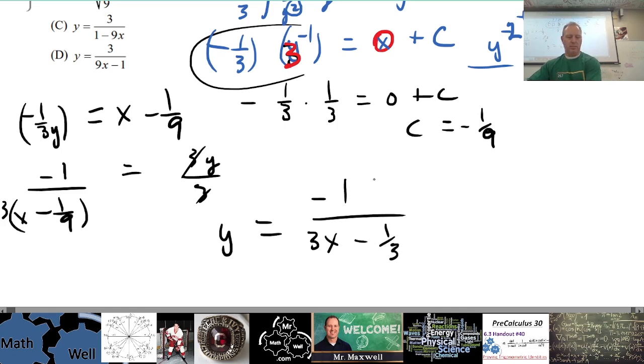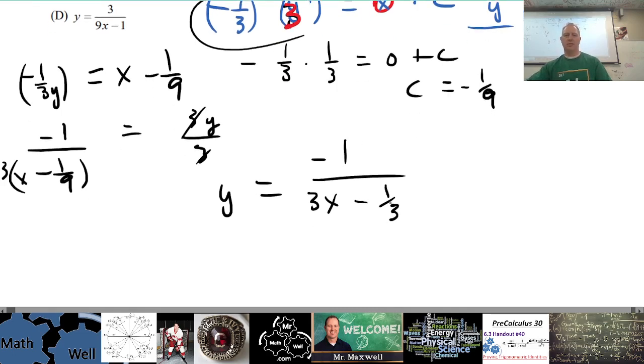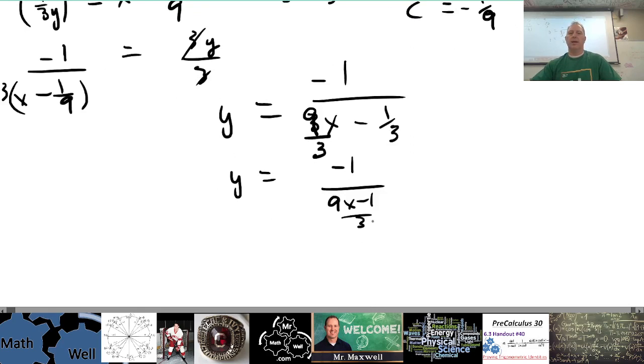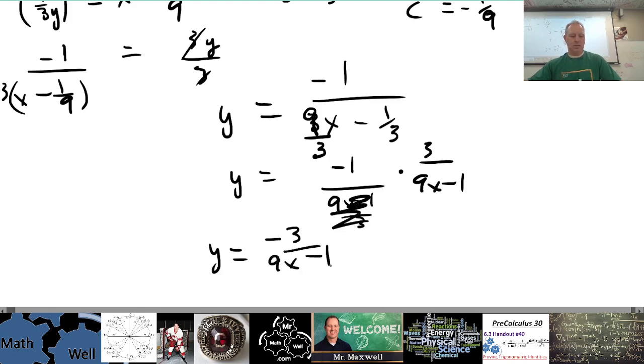And to simplify that, you don't want a fraction inside of your answer. So this would be, I guess, times 3, that would be 9 over 3. So we have negative 1 on top, we have 9x minus 1 all over 3. And when you divide by a fraction, you flip and multiply, so that's the same as 3 over 9x minus 1, right? And then you have y equals negative 3 over 9x minus 1.